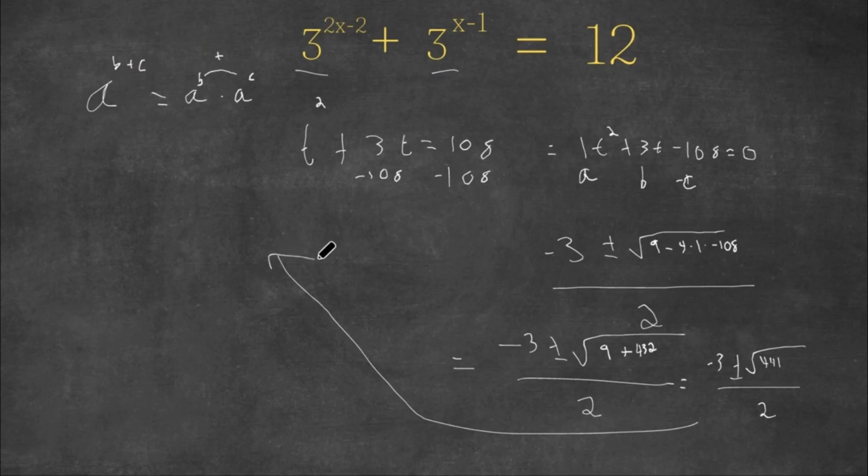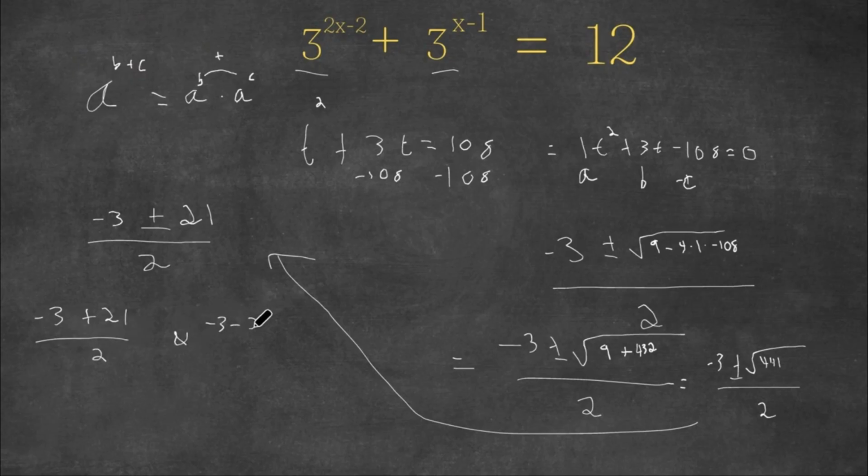So now if I write this over here, we have negative 3 plus or minus the square root of 441, which is going to be 21, divided by 2. Now this gives us two equations. We have negative 3 plus 21 over 2 and negative 3 minus 21 over 2.